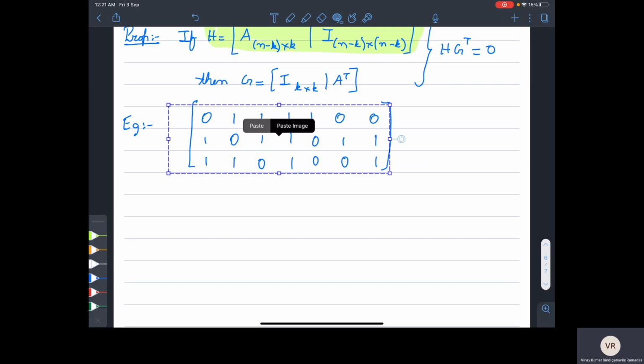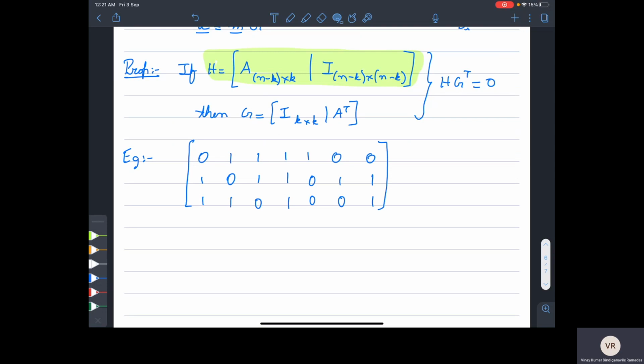Alright. So notice here that this H matrix is in the form A and I of size n minus k cross n minus k, 3 by 3, and A 4 by 3.